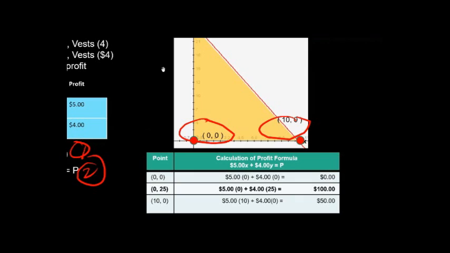So, ilang shirt at vest ba ang i-produce para makakuha ng maximum profit? Kung yan ang answer. Sige. So, what would be? Ilang shirt at vest ba ang i-produce from that answer?